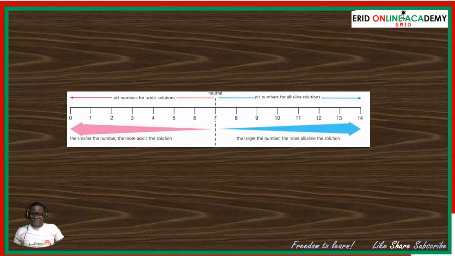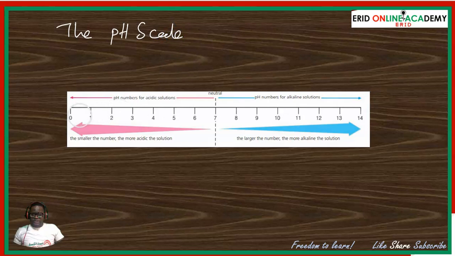The pH scale. Essentially, the pH scale shows whether a substance is acidic or alkaline or neutral. So the pH scale is used to show whether a substance is an acidic substance or whether the substance is basic, and it is also used to show that the substance is neutral.